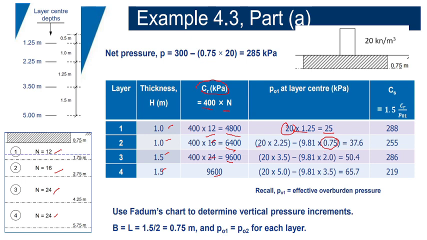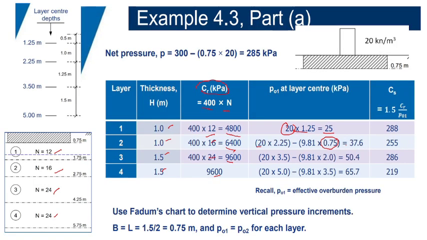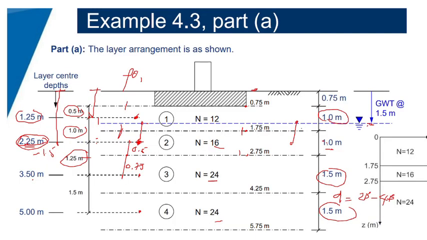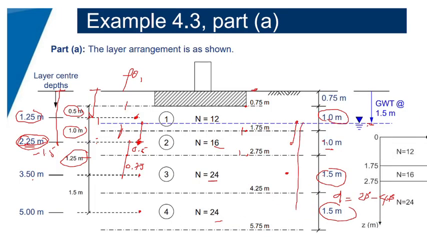So 20 times 2.25, where 2.25 is coming from here, but the water going to the center of this layer is just 0.75. The next, going to the center, 3.5 minus 1.5, you have 2. And then again, going to the center at the last layer, 5 minus 1.5, see?